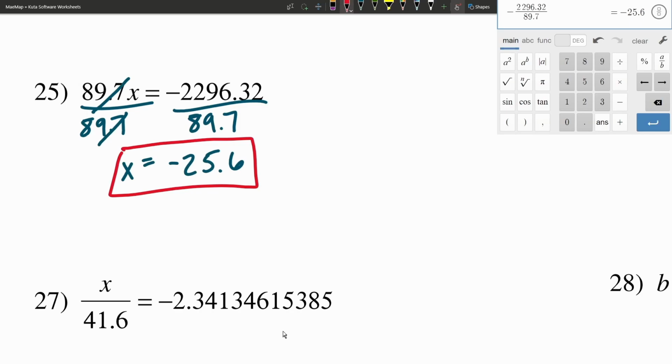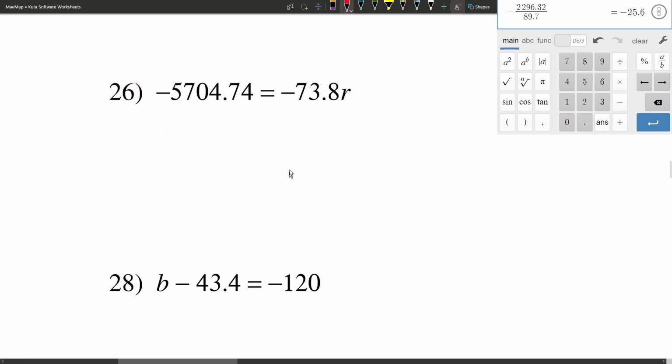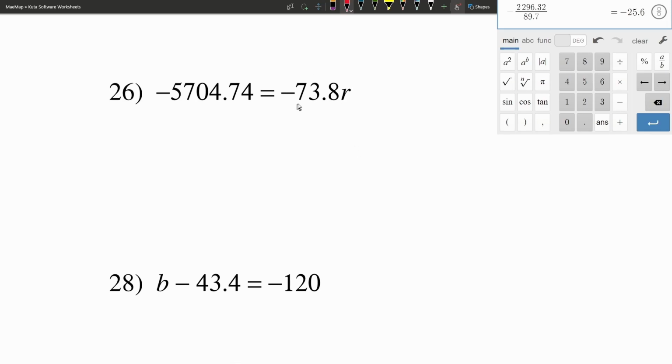Moving right along to number 26. Again, let's use our calculator for this. Our variable is multiplied by some number, so in order to isolate it, we're going to divide by that number. So dividing by negative 73.8, negative over negative is a positive, so I'm going to get that r is equal to some positive number.